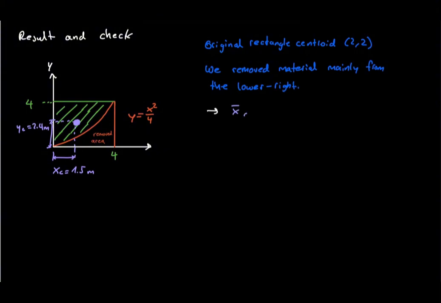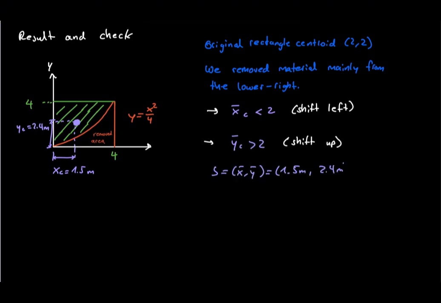Removing material from the right should shift the centroid toward the left, and removing material from the lower part should shift the centroid upward. Our calculated centroid moved from 2 meters to 1.5 meters horizontally, and from 2 meters to 2.4 meters vertically. So the result behaves exactly as we would expect.